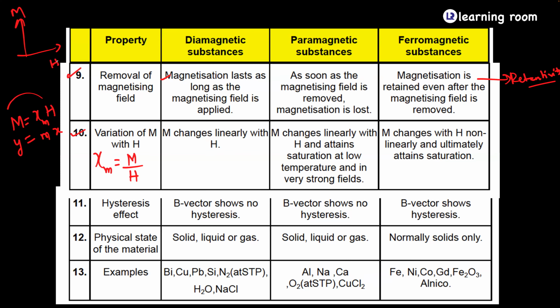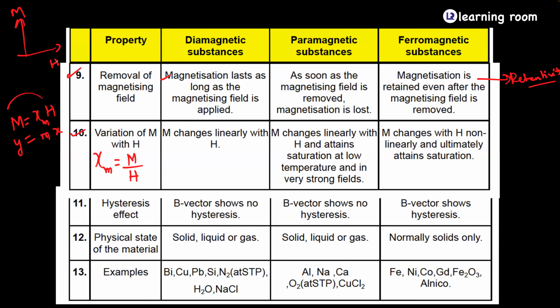For a paramagnetic substance, M will also change linearly with H, but there will be a certain point after which saturation is attained. So what did they say? M will change linearly with H and attain saturation at low temperature and in very strong fields.